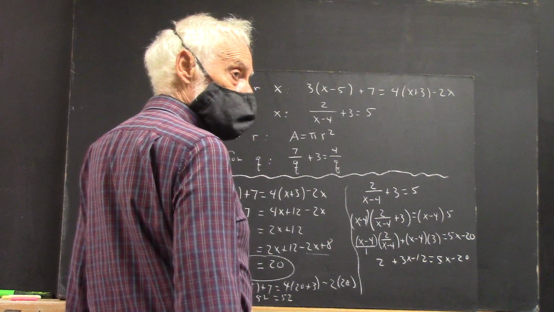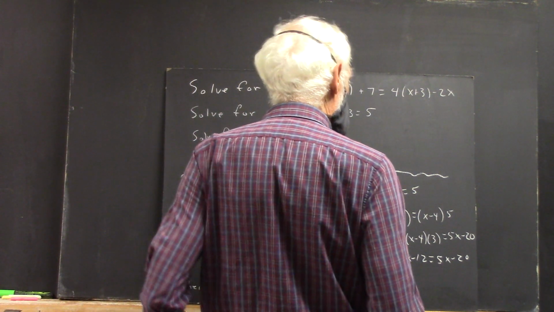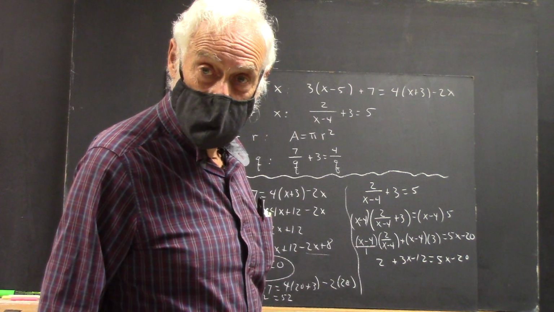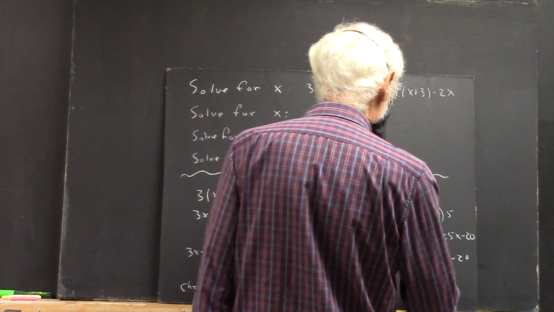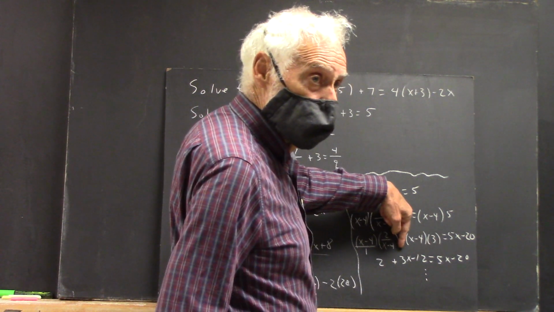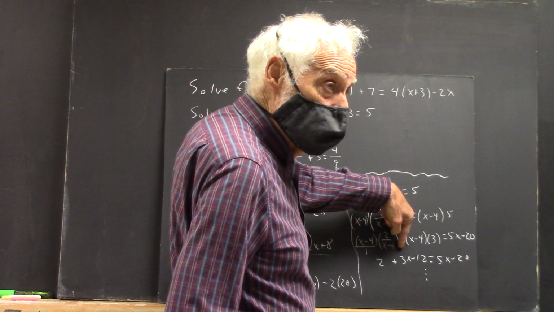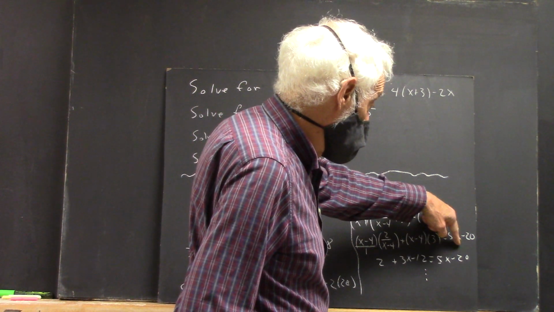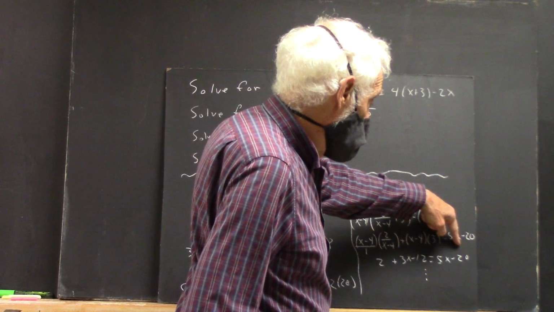Okay? Now, a couple of trivial steps. Okay? Now you need to fill them in. But it's pretty clear if we subtract 5x from both sides, we're going to get a negative 2x here, right? And then 2 minus 12 is negative 10. Add that to both sides, add 10 to both sides, and you get 10.